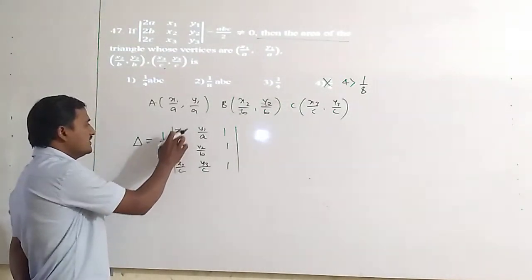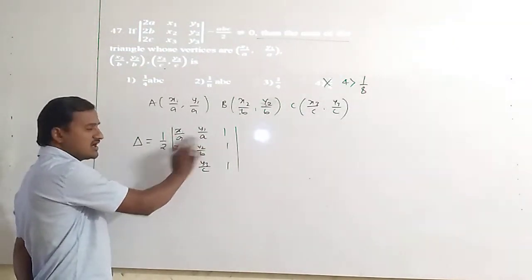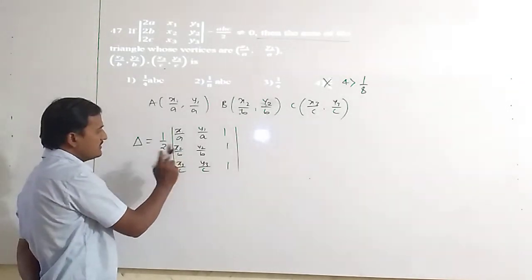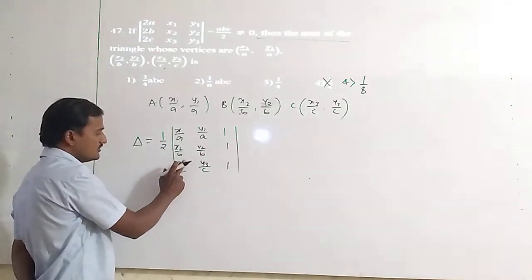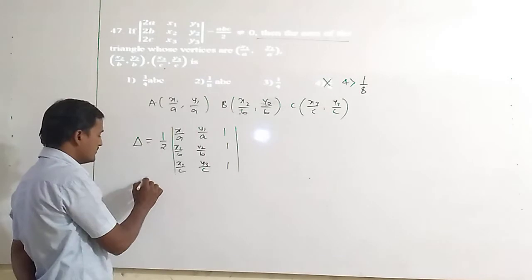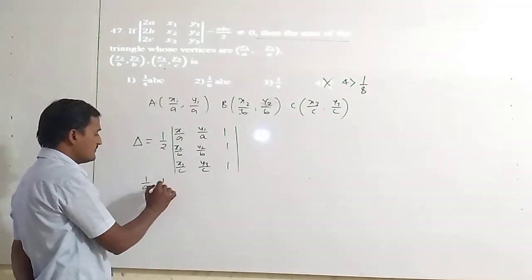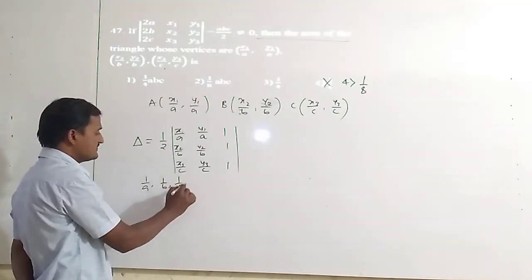Now in the first row take 1/a common, in the second row take 1/b common, and in the third row take 1/c common. So 1/a from R1, 1/b from R2, 1/c from R3.